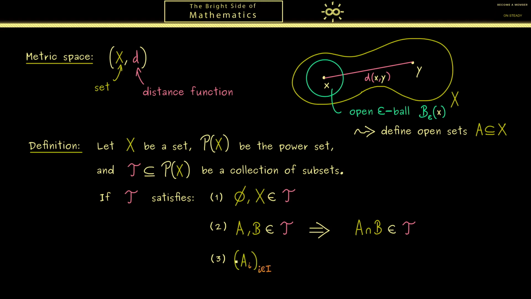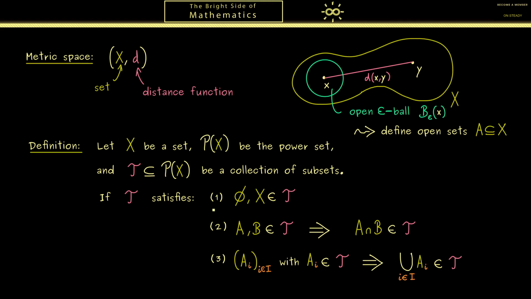So we look at A_i, where i goes through any fixed index set capital I. And of course, any subset in the family is an element of T. And then this implies that we can look at the big union over i in I of the sets A_i, and we conclude this union is also an element in T.